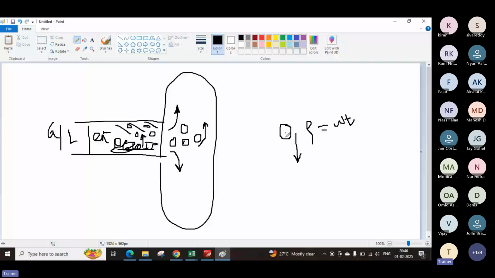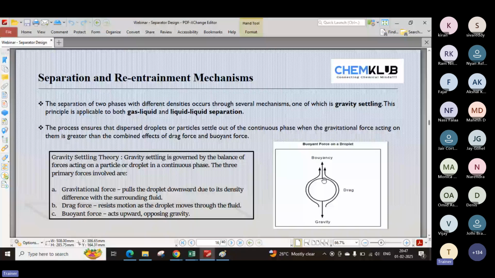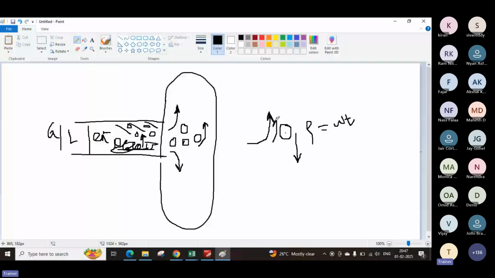So the liquid particle will try to fall down under the influence of gravity. In the other case, the buoyancy force, or the density difference force, or the gas force is capable enough to carry the liquid particle to the top, but when it is doing so, it observes a resistance.